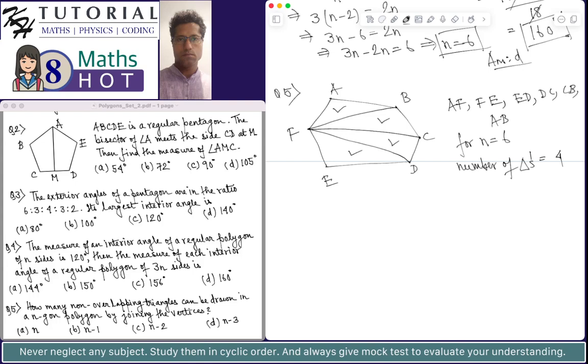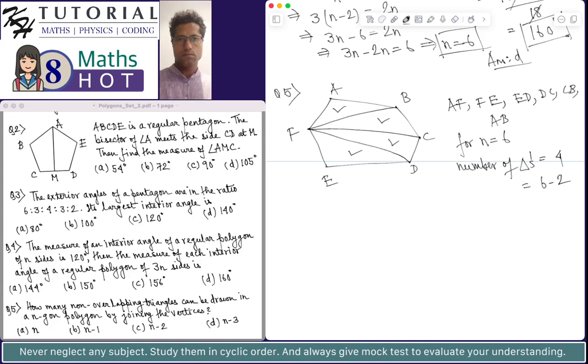But intuitively, using my guess, I can see that for a hexagon there are 4 non-overlapping triangles, which is 4 equal to 6 minus 2, where 6 is the number of sides of the polygon, that is, it is a hexagon.